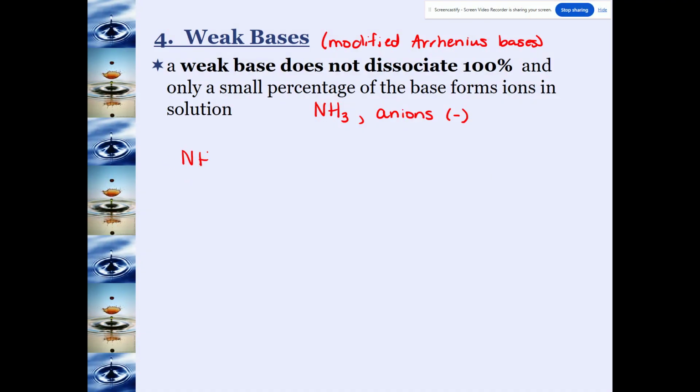So they, again, don't just dissociate, they react with water. And when they react with water, opposite to what the acids do, instead of donating hydrogen to water, they take the hydrogen away from water to leave water as the hydroxide ion, and in this case, an ammonium ion would also be produced when the H goes over to the NH3.